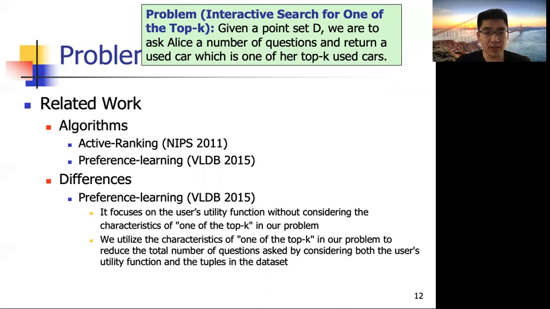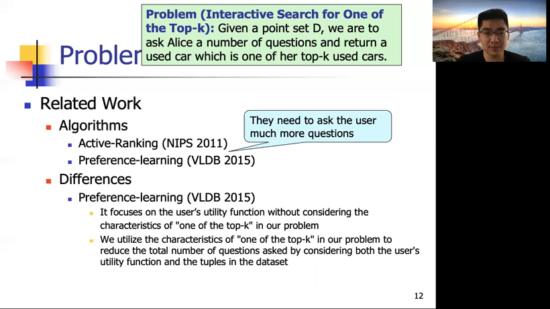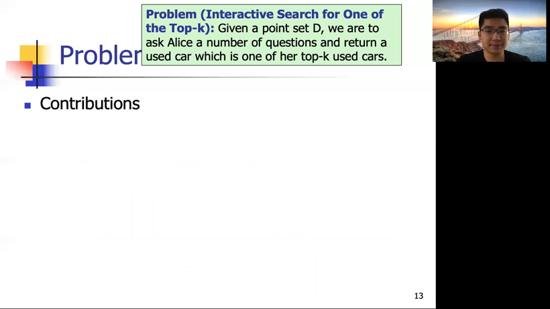While we utilize the characteristics of one of the top K in our problem to reduce the total number of questions asked by considering both the user's utility function and the tuples in the dataset. As we can see, compared with our problem, existing work needs to ask the user many more questions.